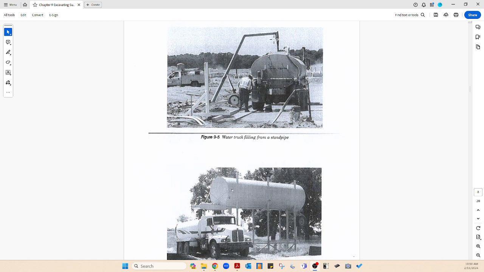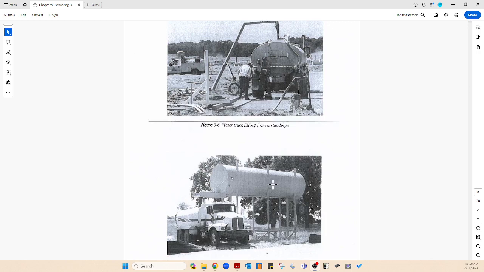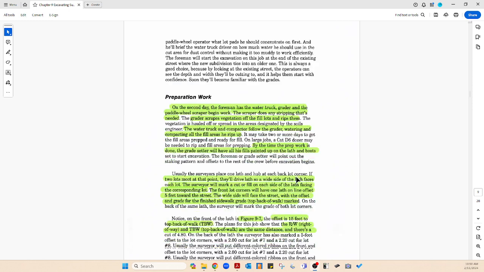The flow rate, as some of you may be familiar with, is much slower in this configuration as opposed to having an on-site tank that you keep full of water, so that the gravity flow of this tank is much faster than the flow rate of the standpipe. So this helps keep the job moving. All those little things make a difference.